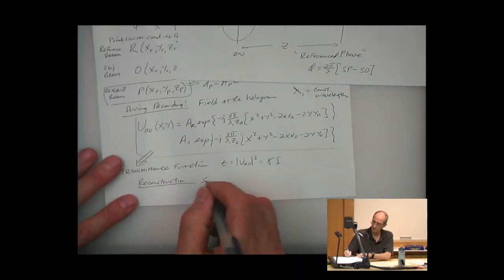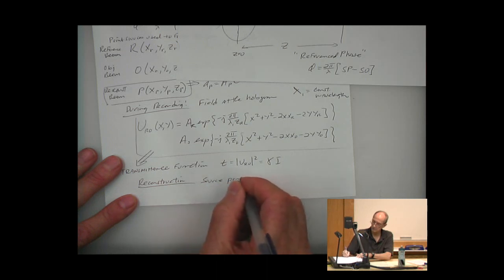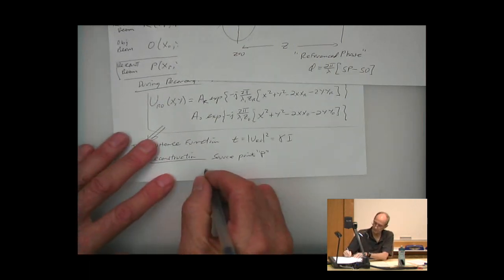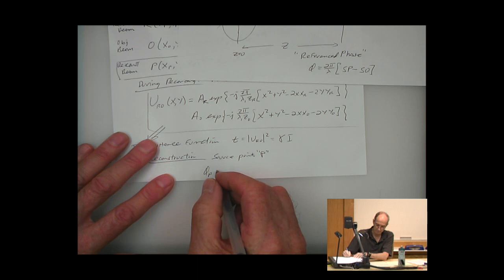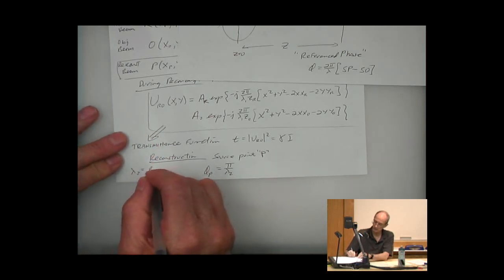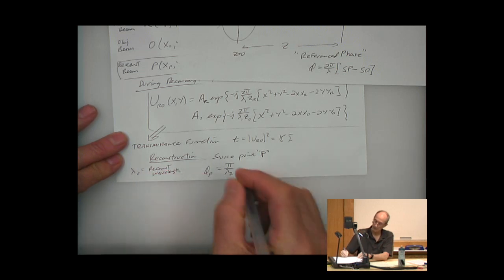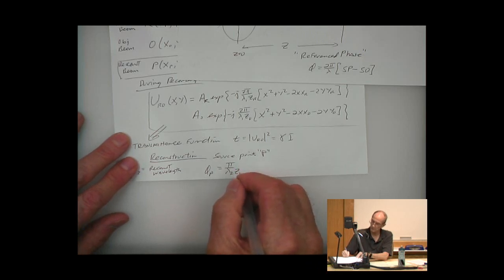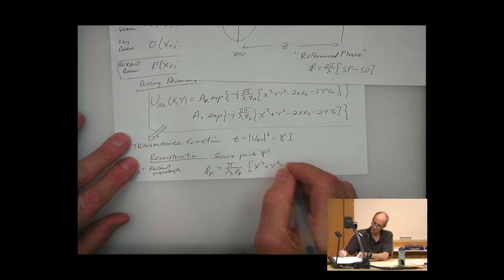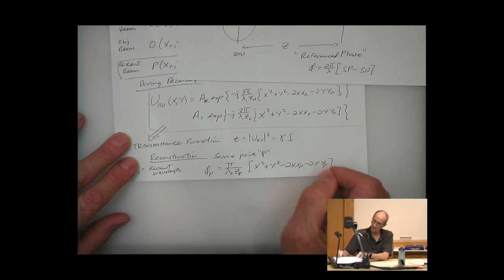We use source point P for the reconstruction, and that's going to have a phase phi sub P, which is pi over lambda 2, where lambda 2 equals the reconstruction wavelength, times the distance z_p times x squared plus y squared minus 2x x_p minus 2y y_p.